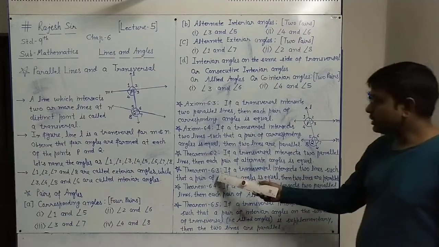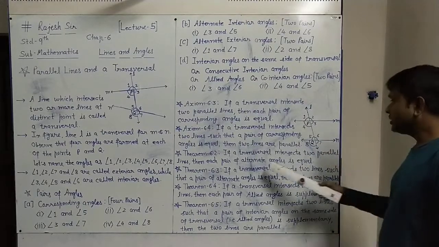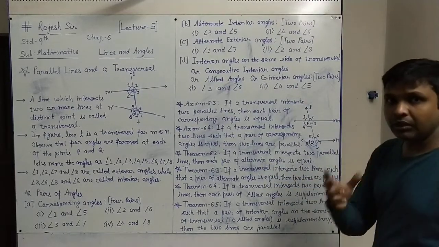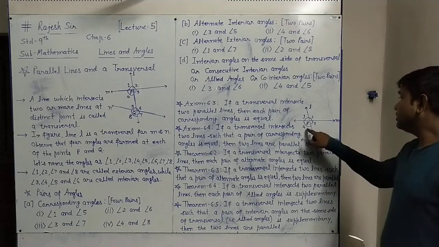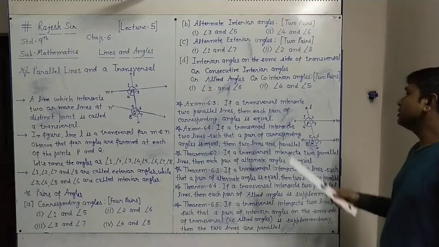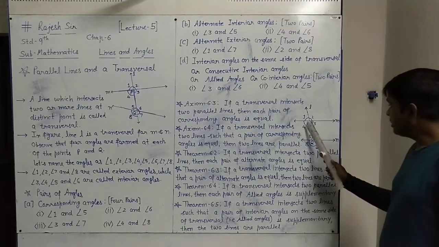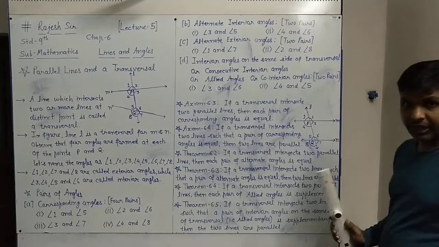And this 6.3 is also the inverse of 6.2. It's the reverse. In 6.2, once again in short, what was given? If the lines M and N are parallel and the transversal intersects the two parallel lines, then alternate angles are equal. That was 6.2.